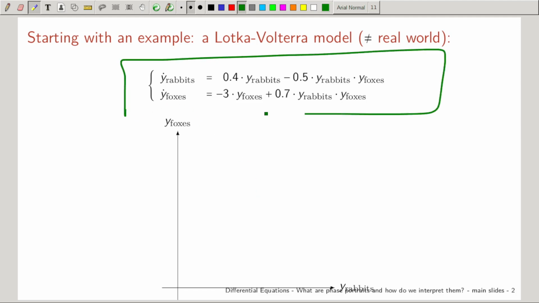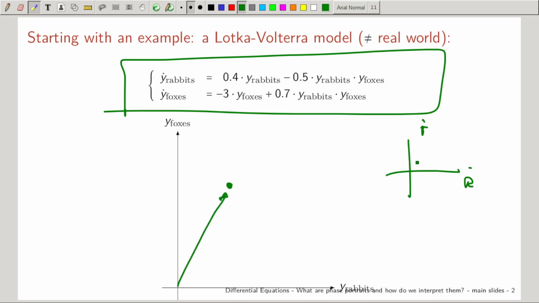We have our Lotka-Volterra. Whenever we take a point here, we will have a point on the foxes dot, rabbits dot, and let's say that this vector here identifies this vector here. Okay, together? Let's assume this. Will my trajectory look like this, this, this, or you do not know?